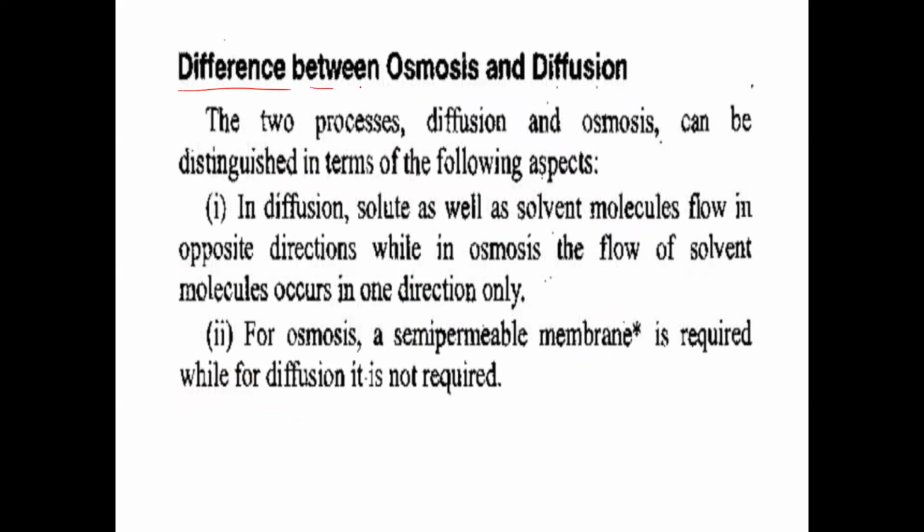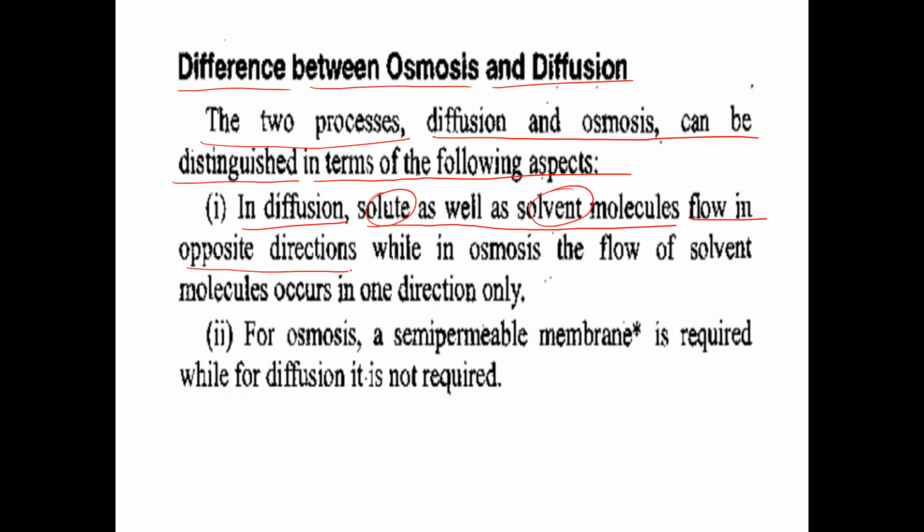Differences between osmosis and diffusion. The two phenomena, diffusion and osmosis, can be distinguished in terms of the following aspects. In the diffusion process, both solute molecules and solvent molecules flow in opposite directions, while in osmosis the flow of solvent molecules occurs in one direction only.